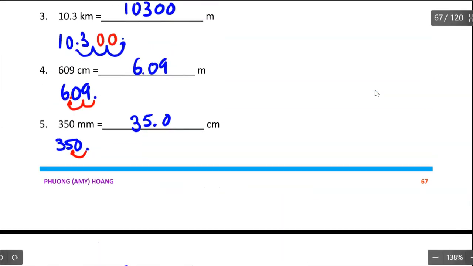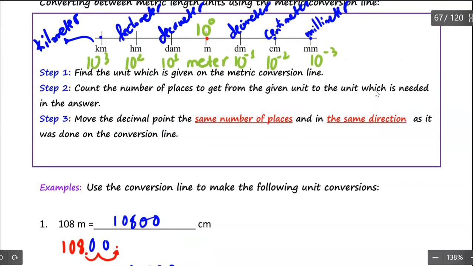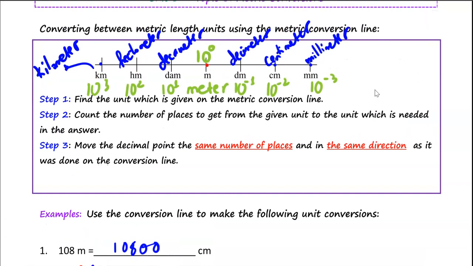Alright, so in metric conversion, in terms of meter, the popular units to work with will be kilometers, decameter, meter, centimeter, decimeter, millimeter. The hectometer is more for measurement of area, and decameter is the same.